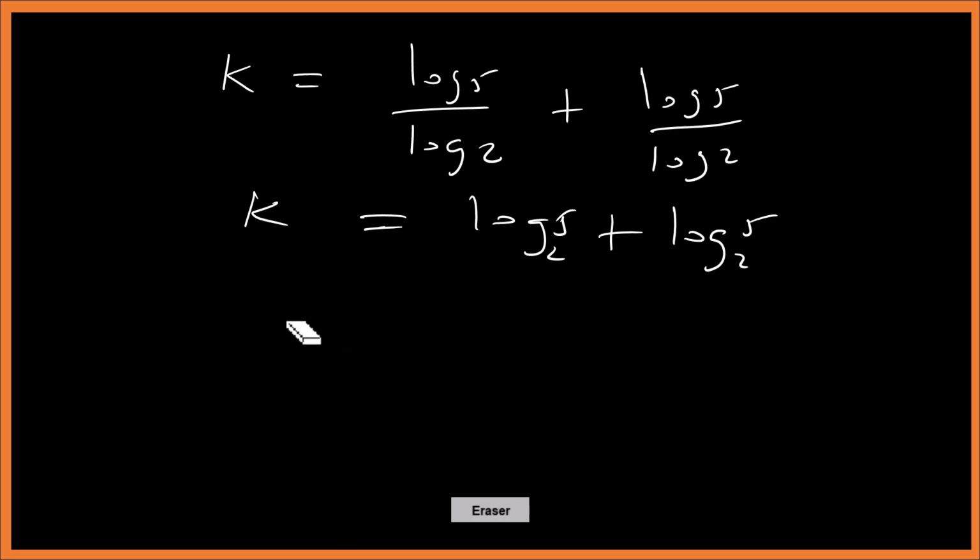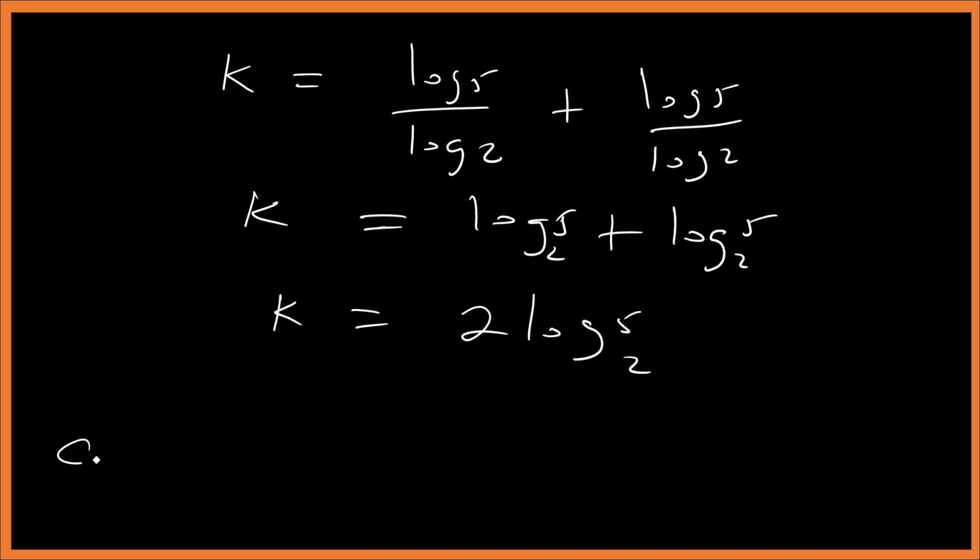So this side is the same as k equals 2 log 5 to base 2. Okay. It's like saying a plus a is 2a. So we have k as that.